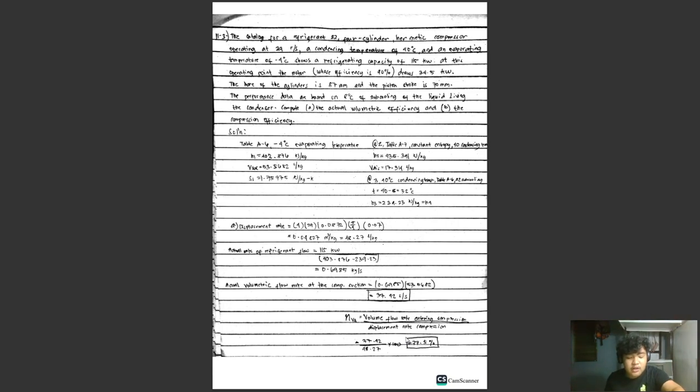The catalog for a refrigerant 22, four-cylinder hermetic compressor operating at 29 revolutions per second, a condensing temperature of 40 degrees Celsius and an evaporating temperature of -4 degrees Celsius, shows a refrigerating capacity of 115 kilowatts.